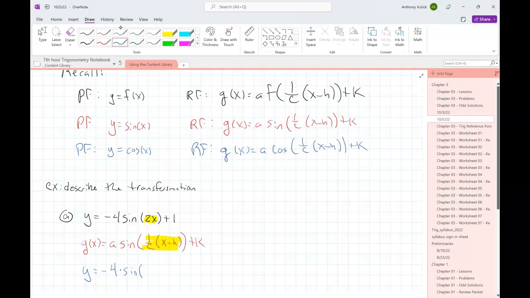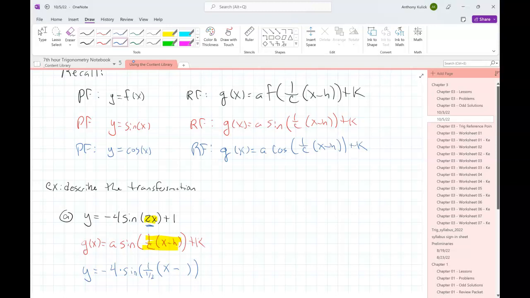You guys remember how we would do that? Anybody want to volunteer a try at that? Great. So we'd have 1 over 1/2. And then what is the h in this case? Notice that there's nothing being added or subtracted in here. So what does that mean h must have been?